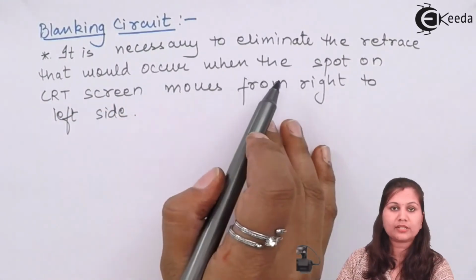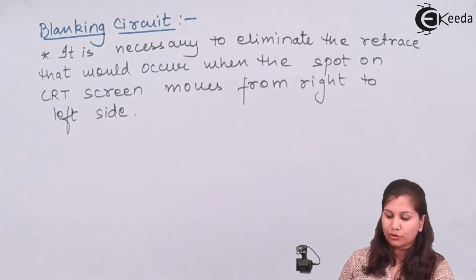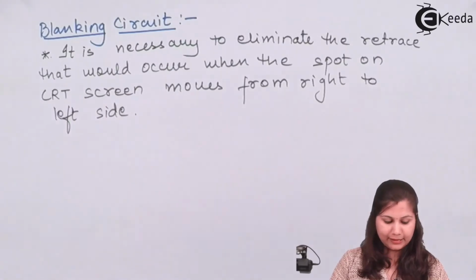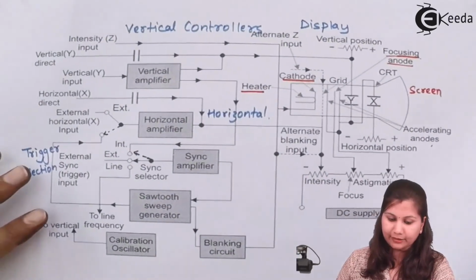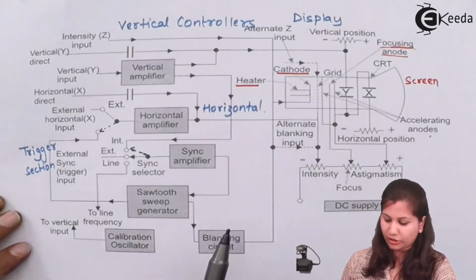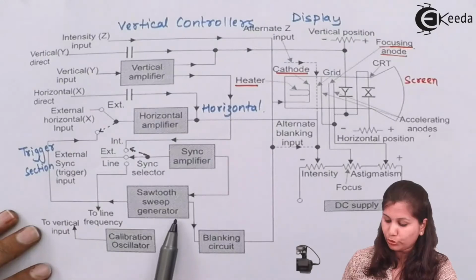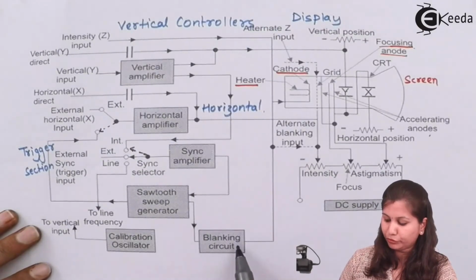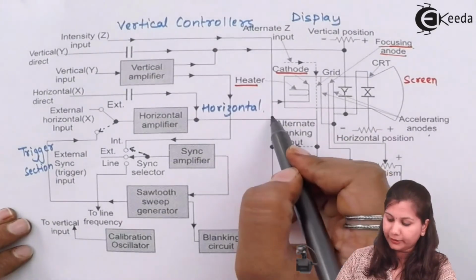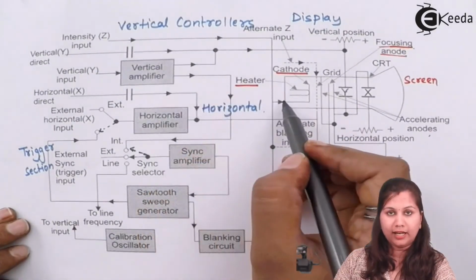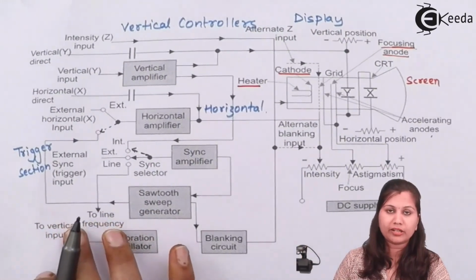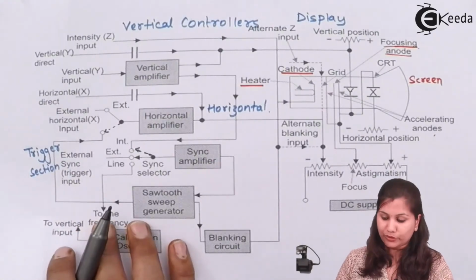This retrace is going to produce confusion, so to eliminate it the blanking circuit is used. The blanking voltage is produced by the sweep generator. You can see that the sawtooth sweep generator gives the input to the blanking circuit, and this blanking circuit provides the input to the CRT, so that the retrace is eliminated and no confusion is produced.